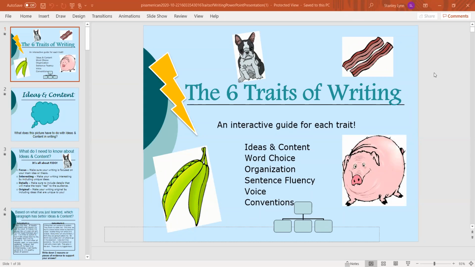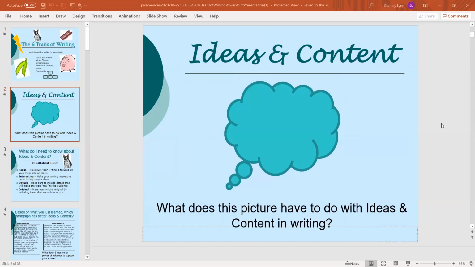All right, first of all, the 6 traits of writing. Okay, this is an interactive guide for each trait. These are the traits: ideas and content, word choice, organization, sentence fluency, voice, and conventions, okay?